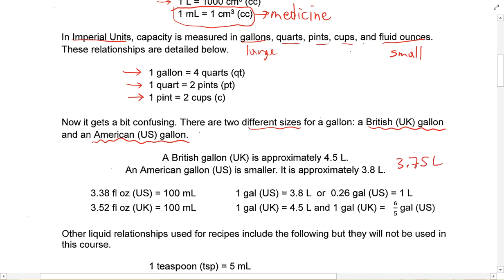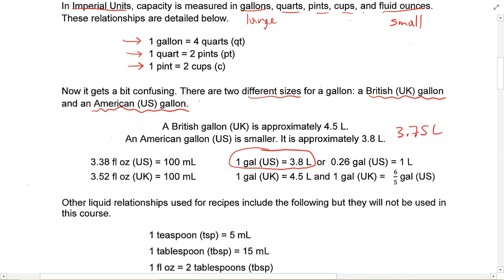I know that because you use this one when you go to the States and buy milk. It's not quite 4 liters, or in Canada it is 4 liters. Or when you buy gas, it's not quite 4 liters, so don't use that in your conversion because it won't be accurate.